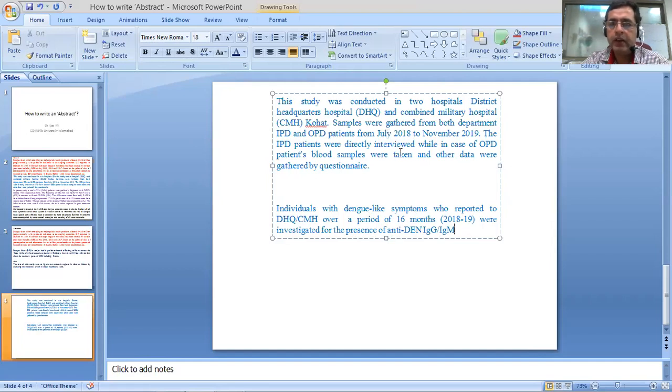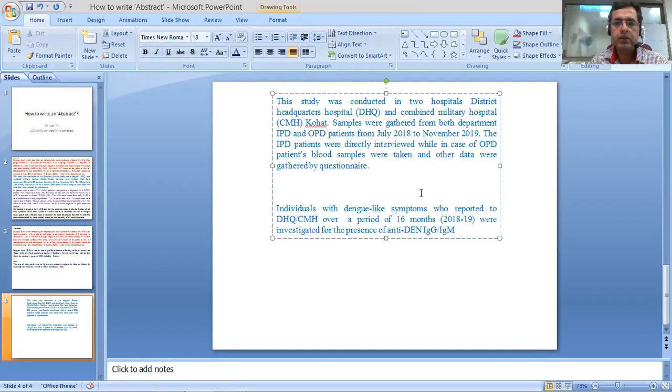Okay, then you are utilizing some kind of method. So here in this particular study they had done ELISA, for instance, in order to figure out anti-dengue antibodies in the plasma of patients, or they had used a questionnaire in order to take the history of patients who were visiting these hospitals and to ask them if they had any infection in the past, or about their demographics.